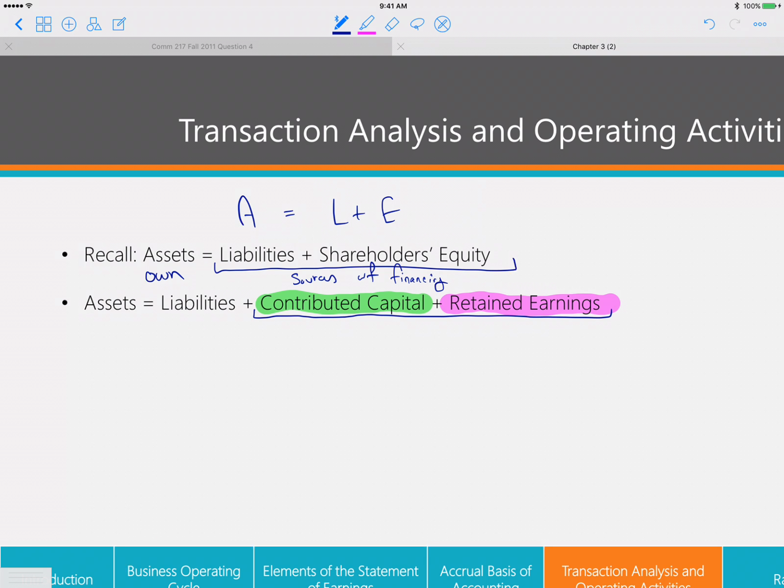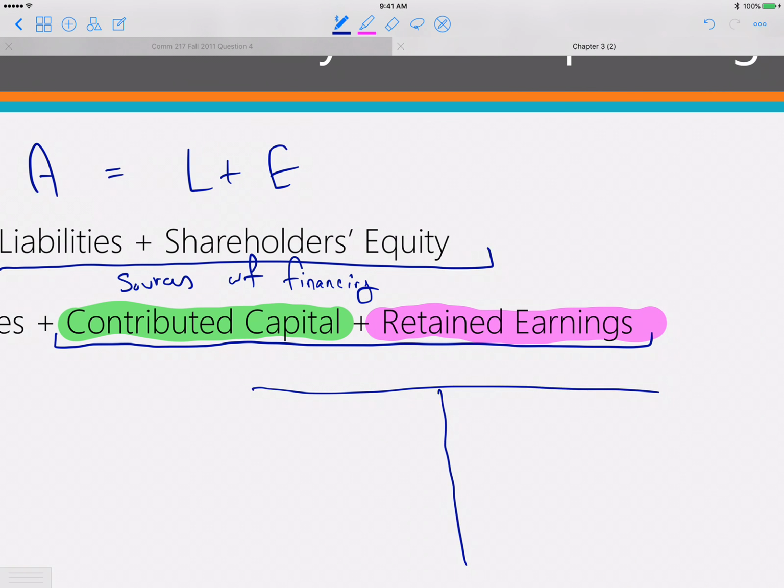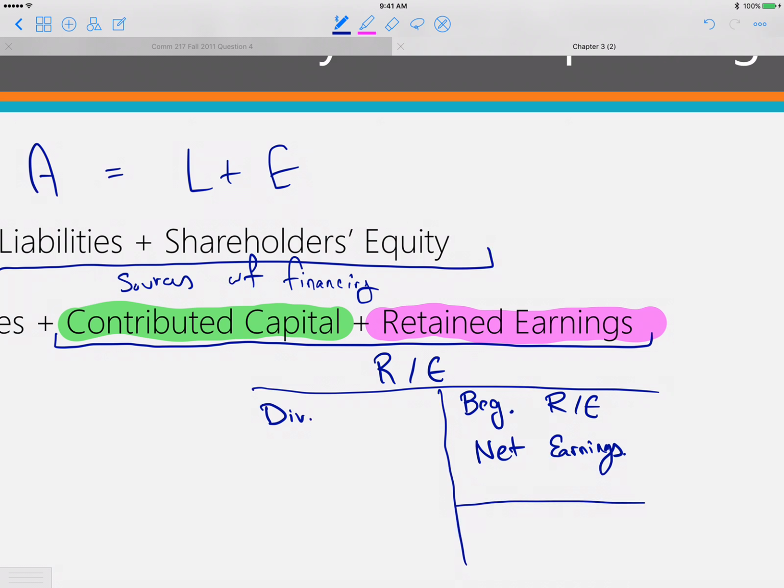So let's take a look at that, right? We're going to make a little T account for retained earnings, and we're going to show what would go in our retained earnings account. So we would have our beginning retained earnings every period. At the end of the year, we would add the net earnings of that year, and we would subtract any dividends that were paid out, and this would give us our ending retained earnings.